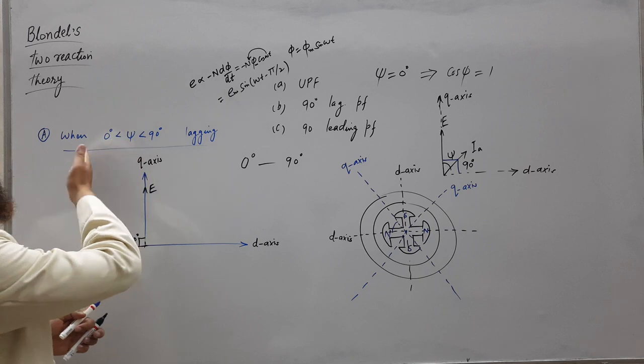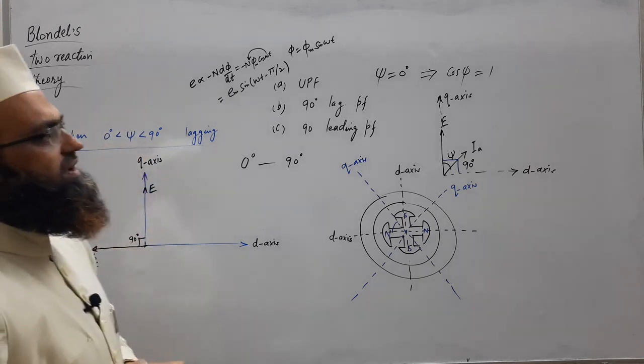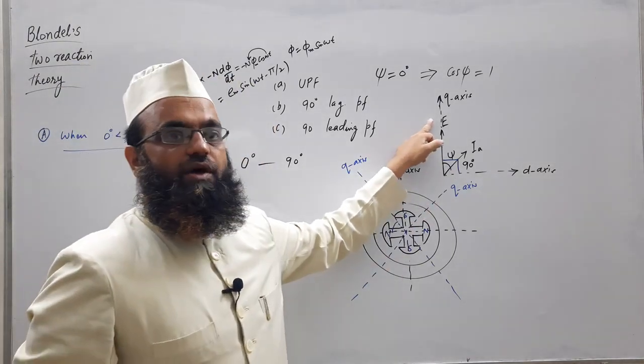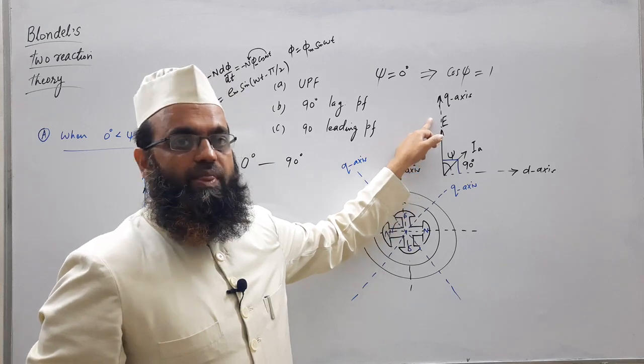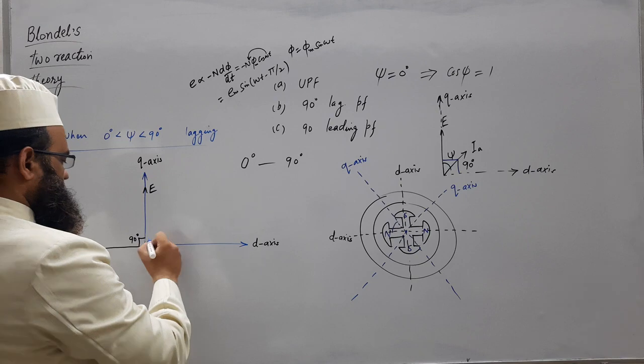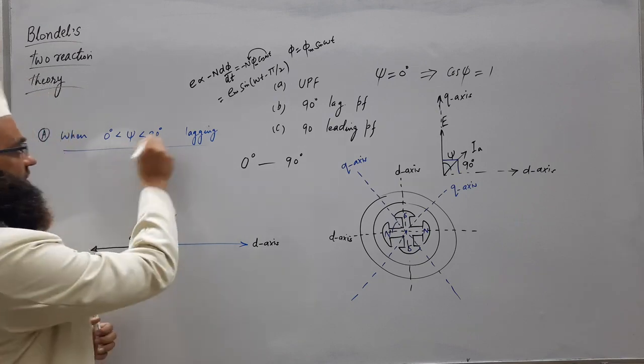So let us take psi between 0 and 90 degree, and we know that psi is the internal power factor angle between the internal EMF or excitation EMF E and the armature current IA. So take IA, with this psi satisfying this condition.